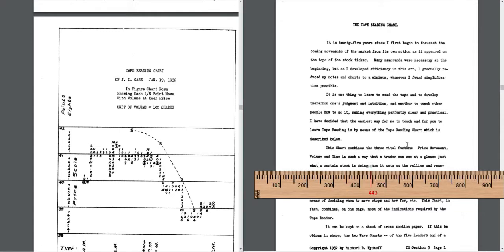So before I go any further, many folks say point and figure doesn't have a time element because it moves based on price fluctuation of a certain amount. But here he's saying that this point and figure tape reading chart does have time.